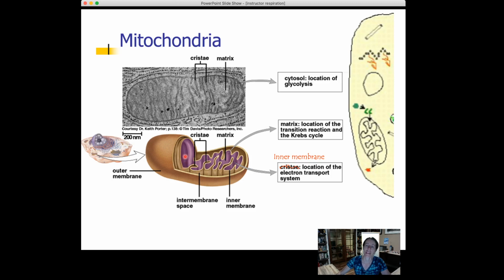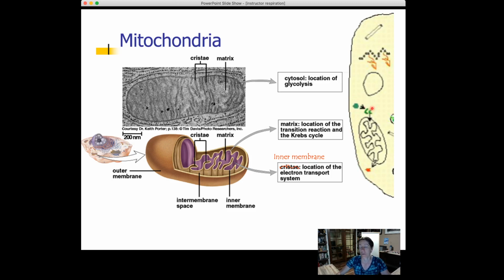And then the very inside is full of liquid, and this is called the matrix. So you have the matrix, the inner membrane, then you've got the space here, which is called the intermembrane space, the space between the membranes, and then the outer membrane. That's the structure of the mitochondria. Over here we have a cell, and what we're seeing here is that the first process of cellular respiration is called glycolysis, and that happens in the cytoplasm of the cell.